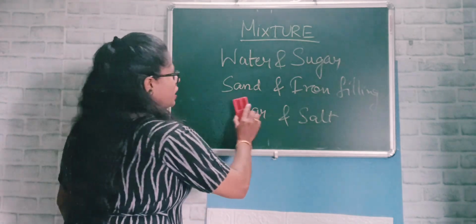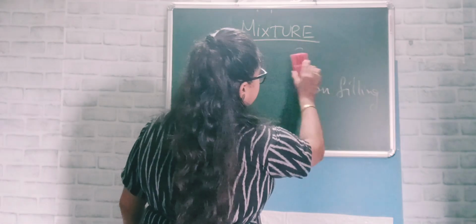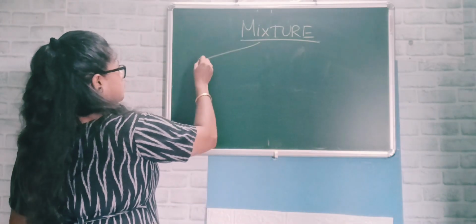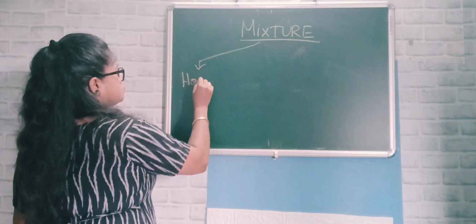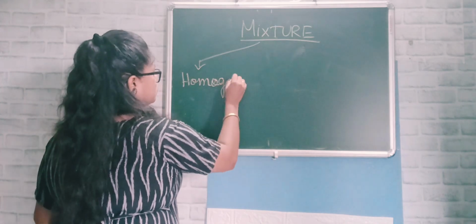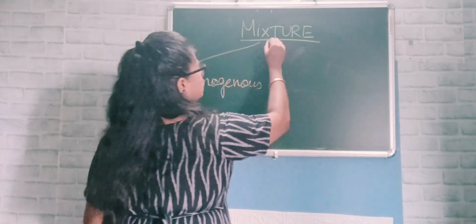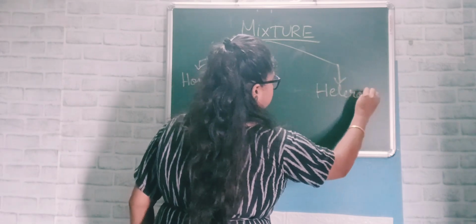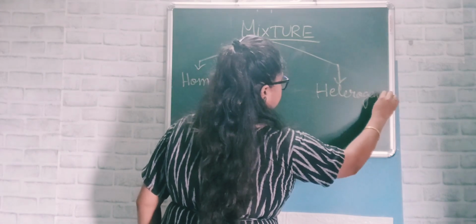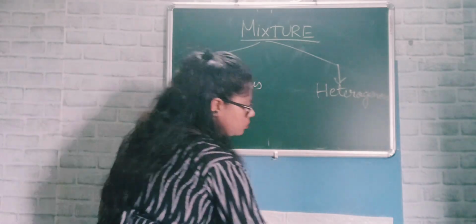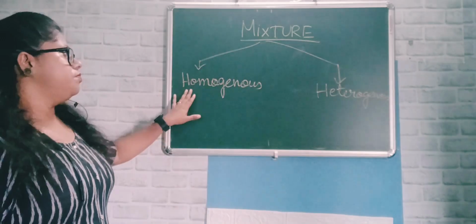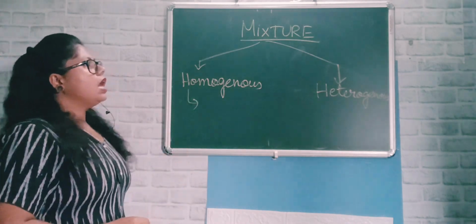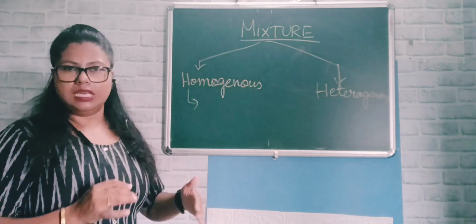So this mixture can also be of 2 types. It can be a homogeneous mixture, or it can be a heterogeneous mixture. What is this all about? A homogeneous mixture means where the substances completely dissolve within each other.